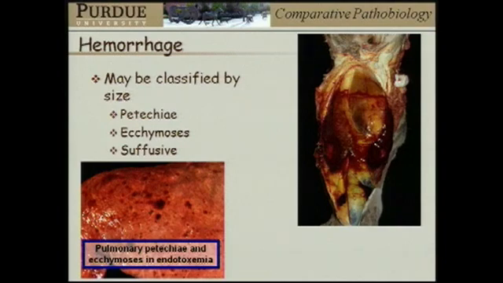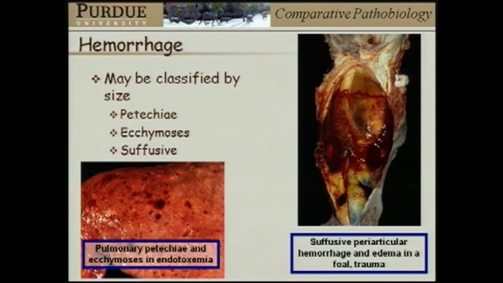And the picture of the horse's lung here, this was a horse with endotoxemia, shows examples of both petechial and ecchymotic hemorrhage. If hemorrhage becomes more extensive, we can use the term suffusive, and that's shown around the joint of this foal that was traumatized and suffers suffusive periarticular hemorrhage and edema around that traumatized joint.